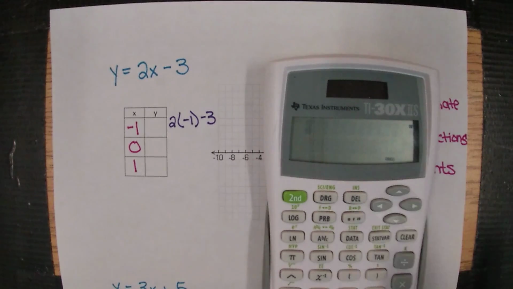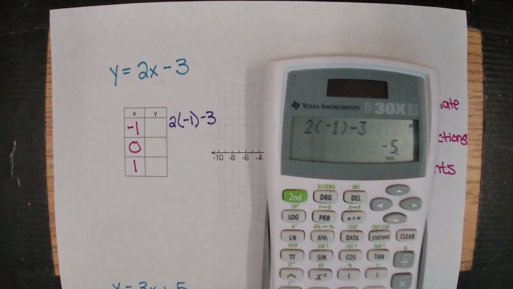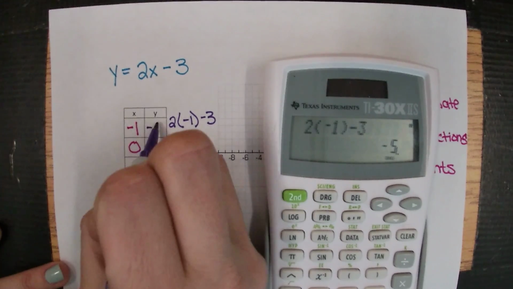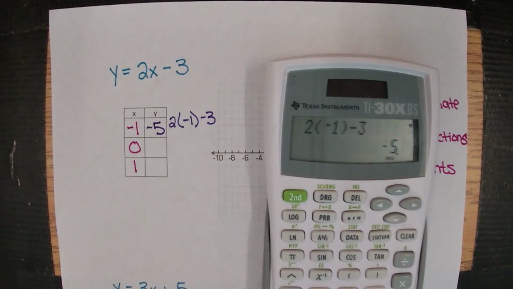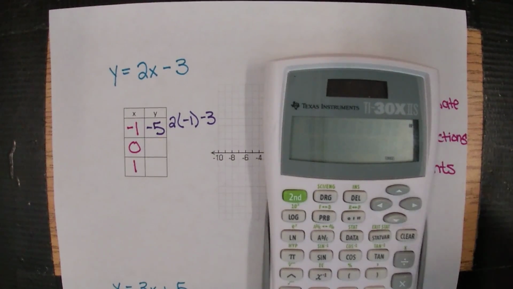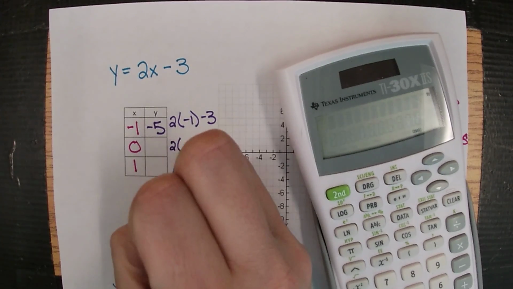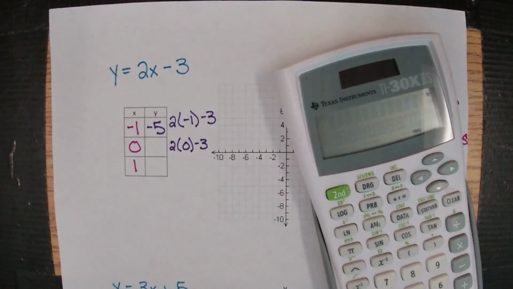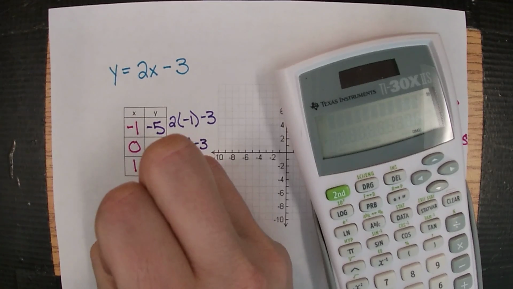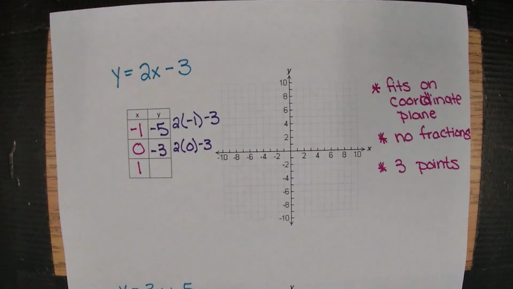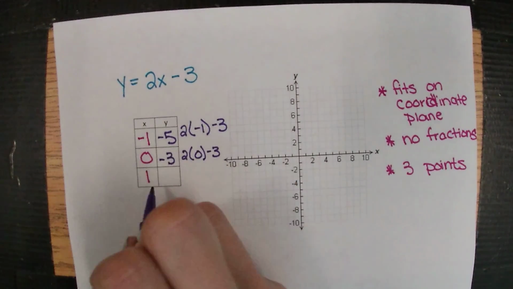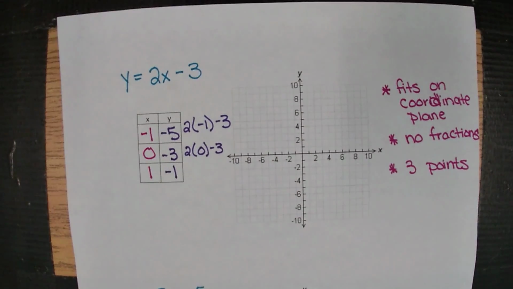But again, just like we did before, it gives us an output or a y value of -5. And then we'll do the same thing with 0. 2 times 0 minus 3, which will give us -3. We'll then do 2 times 1 minus 3.